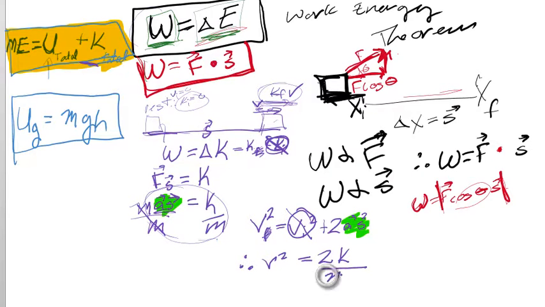All right, now let's solve this for kinetic energy. So we got to get rid of the m, so I'm just going to put that up here on the railroad tracks. Those kill each other. And then I want to get rid of that 2 also.